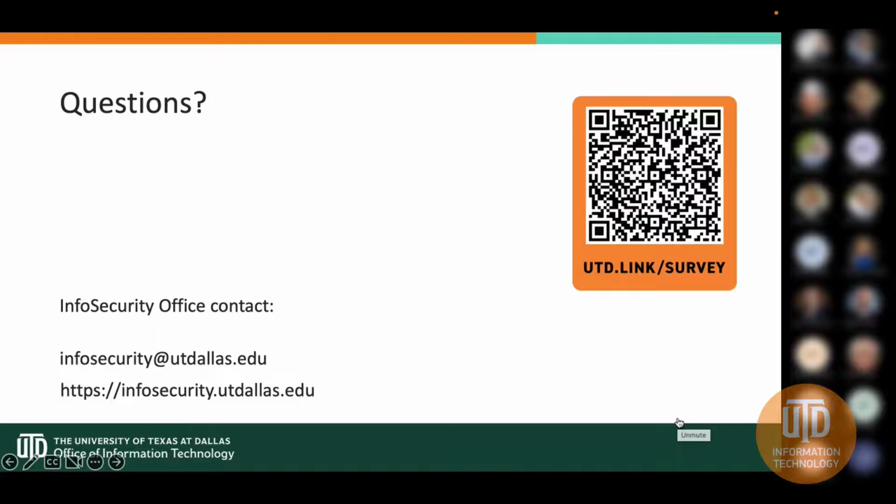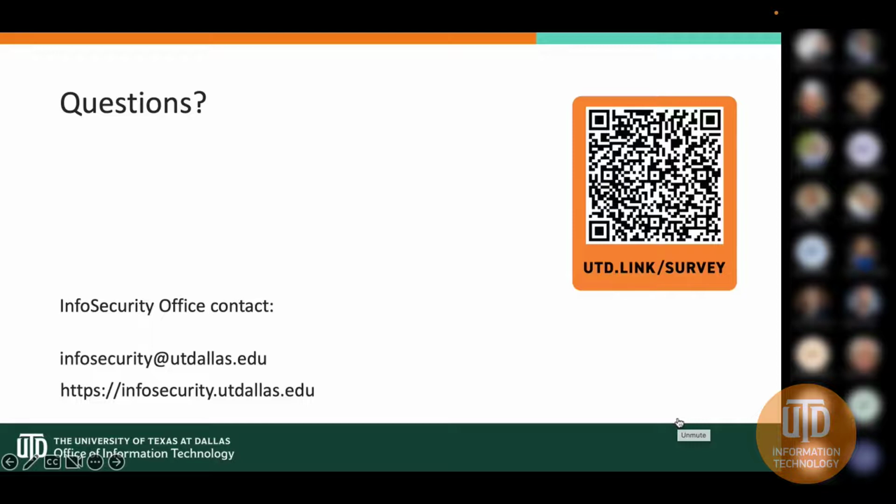So the email address is actually up on the screen right now: infosecurity@utdallas.edu or issupport@utdallas.edu. The best recourse is to forward the email that you get as an attachment. If you're using Outlook, there's a button up in the upper right-hand corner, I believe. If you push that button, it allows you to forward the whole email as an attachment.